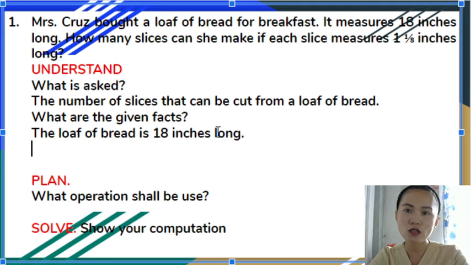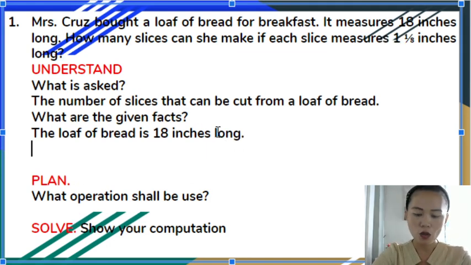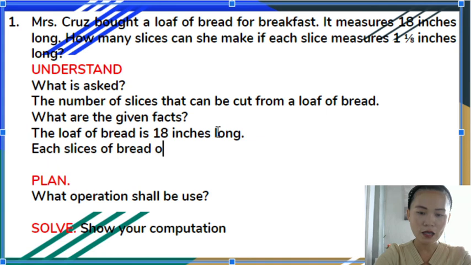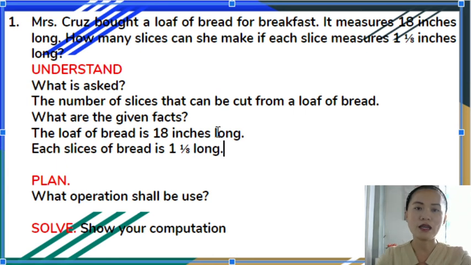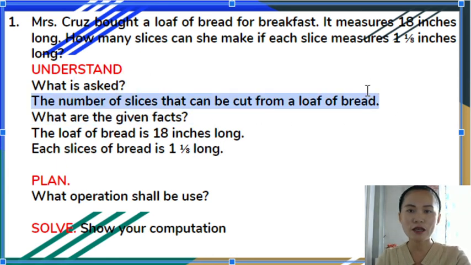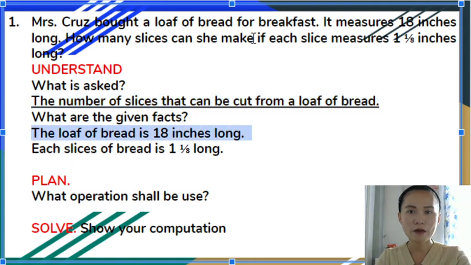And then what is the second one? Each slice of bread is 1 and 1/8 long. So, lagyan ninyo ng guhit yung inyong magiging sagot.